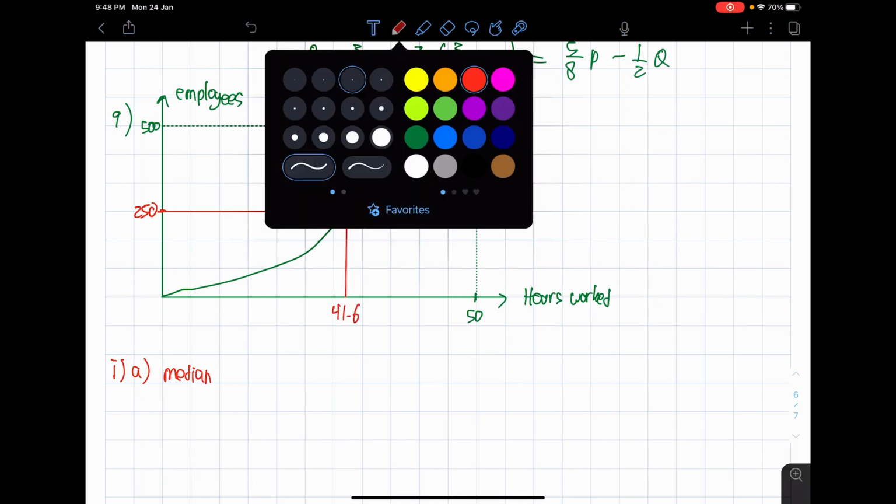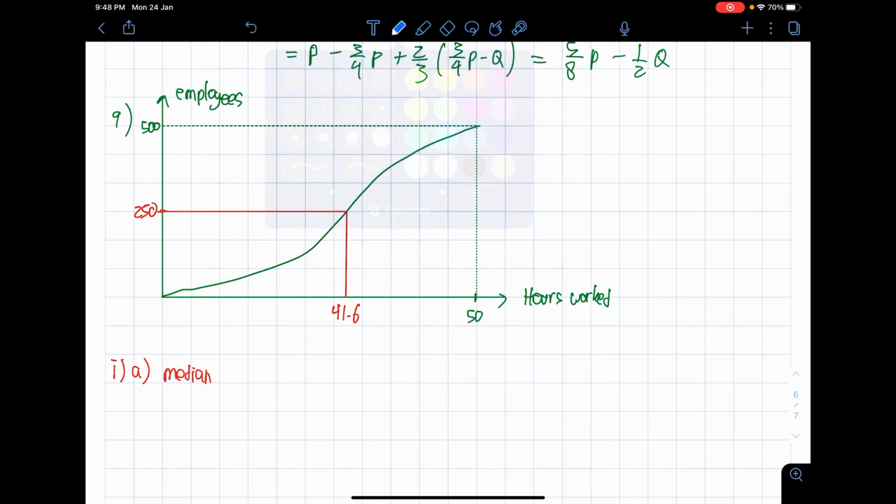Next, interquartile range. I'll use a blue color for this. This is Q3 minus Q1. That is the 75% of the whole population. You take 500 times 0.75, you got 375 around here. And also down there is 125.